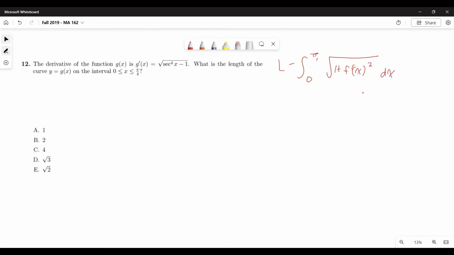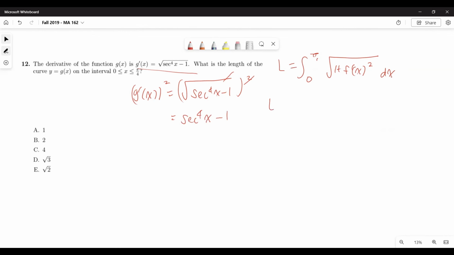And we are given f prime x is already the square root of secant to the fourth power x minus 1. So if you square that value, the square root cancels out. So this just becomes secant to the fourth power x minus 1.